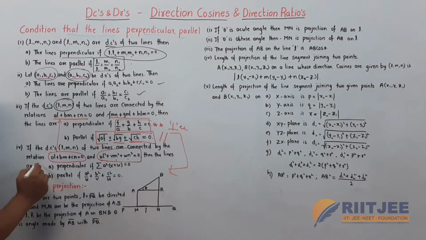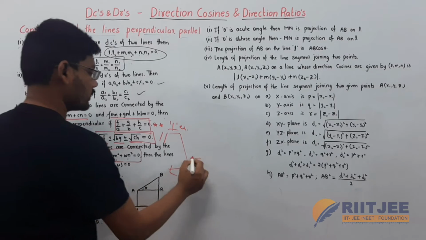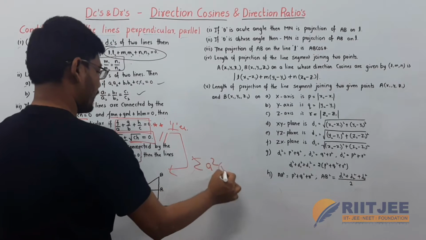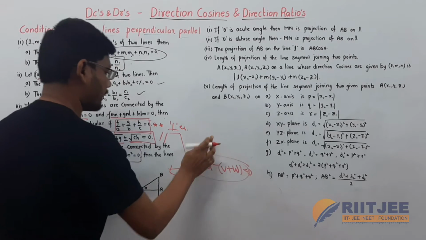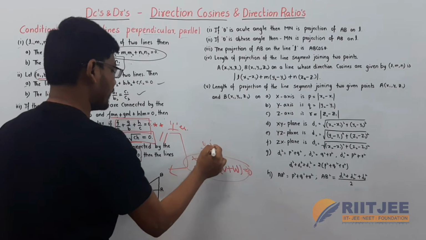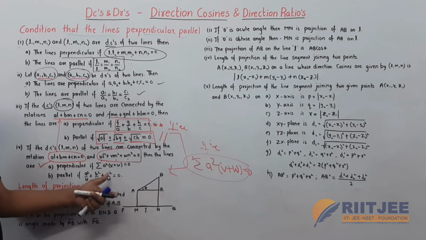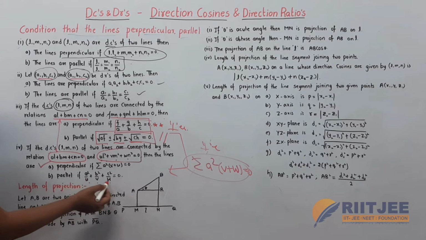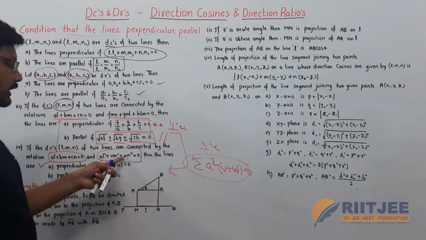The condition for perpendicular lines is sigma of a square times (v plus w) equal to 0. And the parallel condition is a square by u plus b square by v plus c square by w, where u, v, w are coefficients of l square, m square, n square of a line respectively.